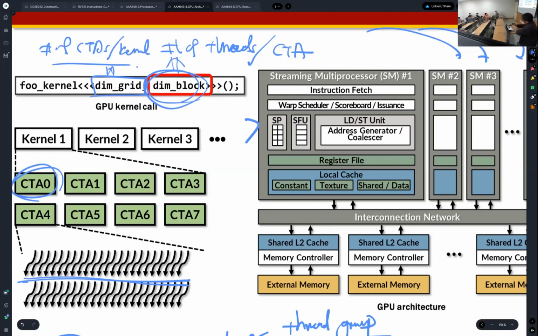Which means that if we multiply the number of CTAs per kernel and the number of threads per CTA, then we can calculate the number of threads per kernel. So inside a CTA, multiple threads are also generated based on the dim block, and these multiple threads are executed inside the GPU.